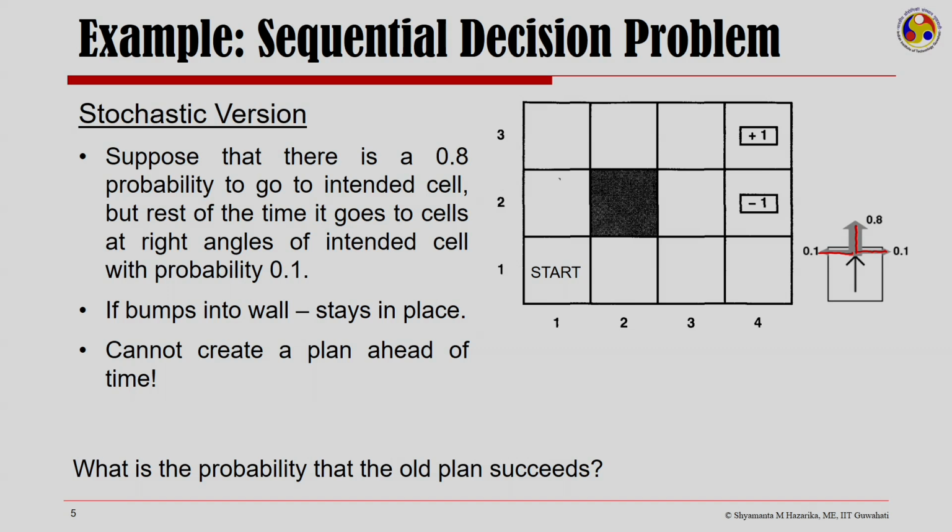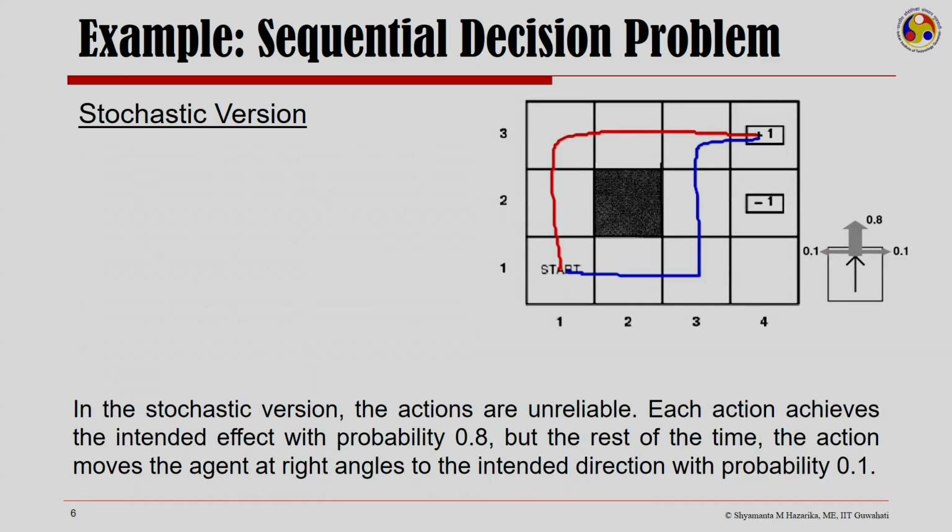Like the previous case, if my agent bumps into the wall, it stays in place. Under such a scenario, one cannot create a plan ahead of time. In fact, let us see what the probability of the old plan succeeding would be.